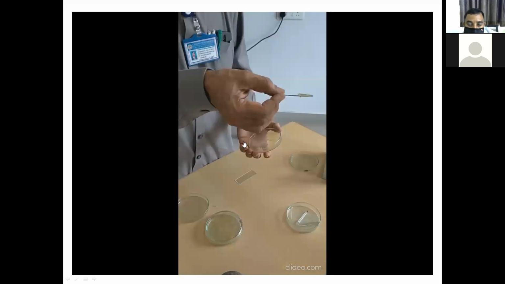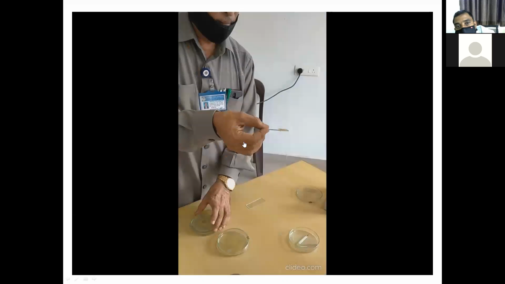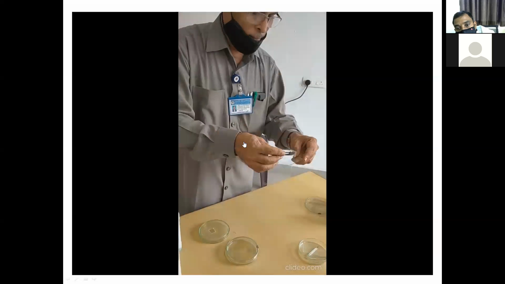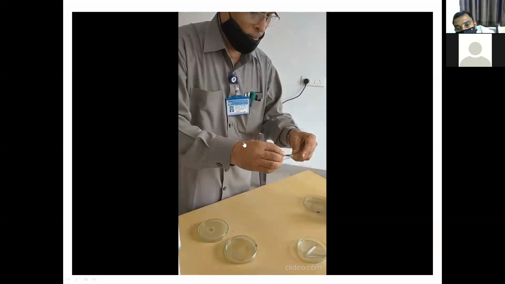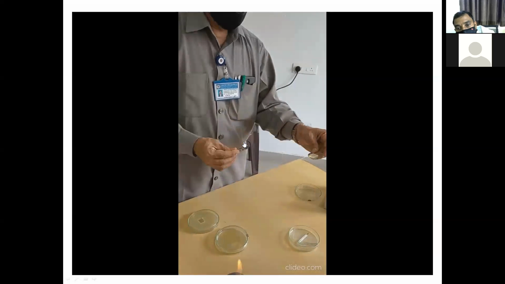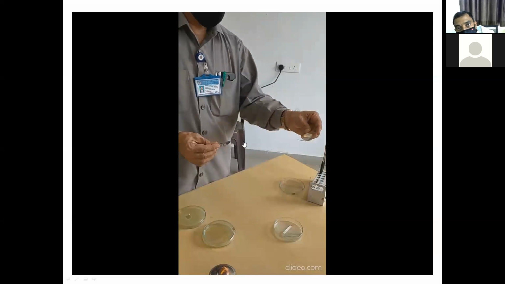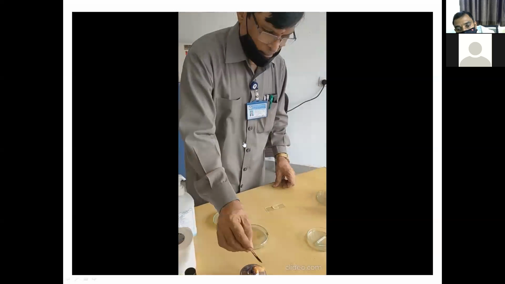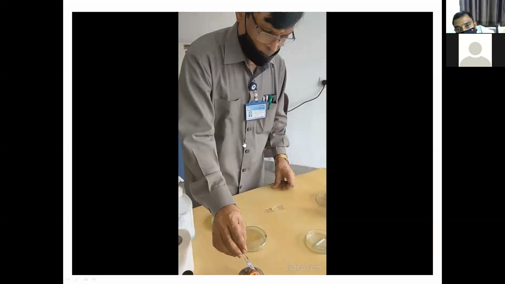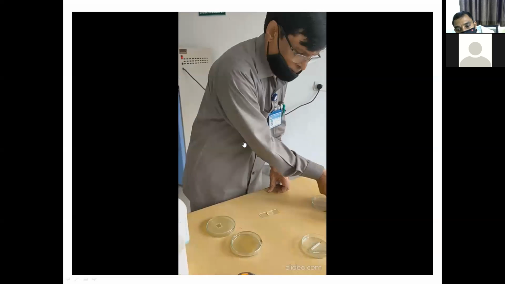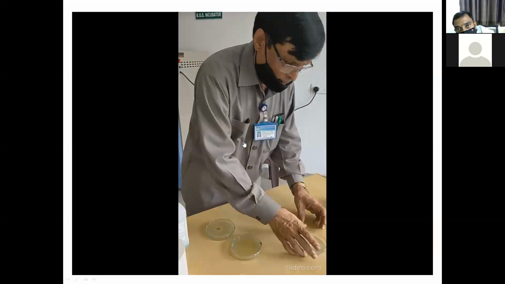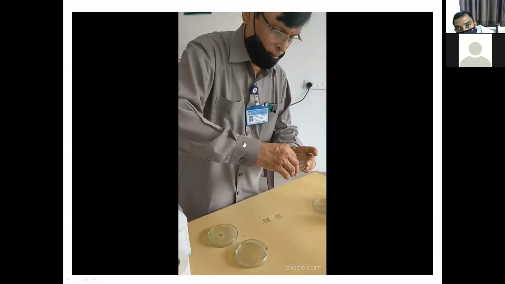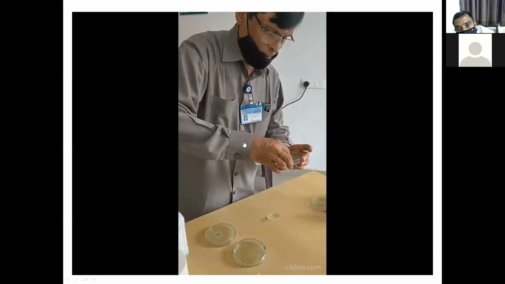Lift it up with the scalpel blade. Now put it on the sterile slide. Okay. Now re-sterilize the blade. Then from the sterile slide culture plate, you take the sterile cover slip.